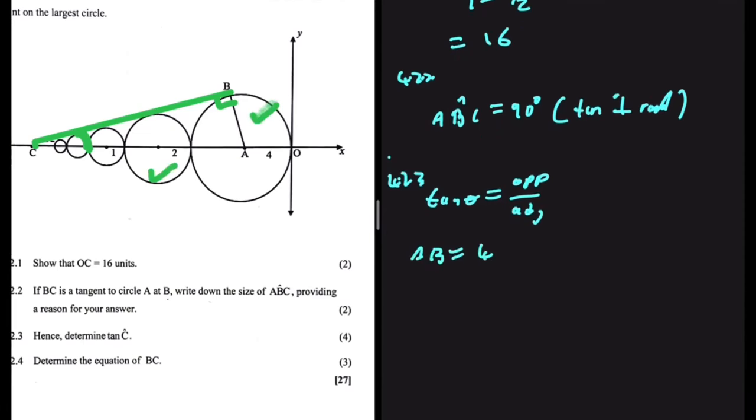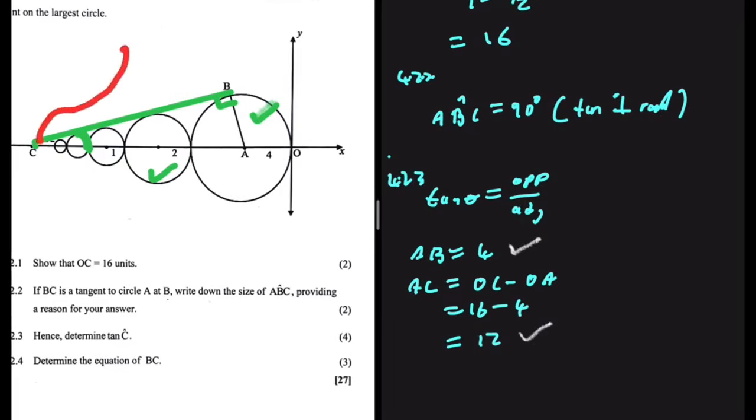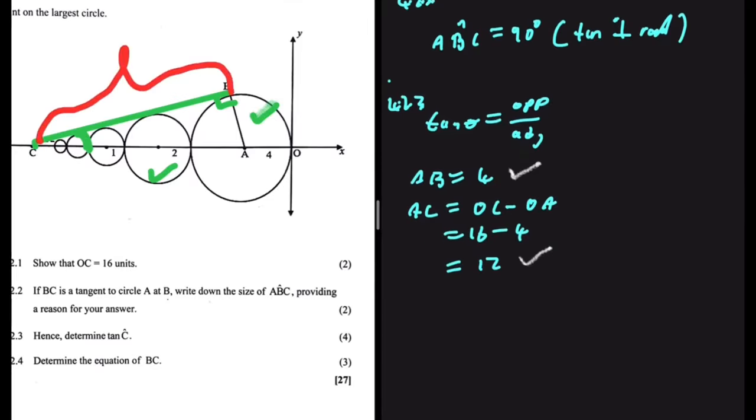That is our radius. And what about AC? AC is equal to OC minus OA, right? OC is 16 units, OA is 4 units. So AC is equal to 12 units. AB is our opposite. AC is our hypotenuse. We need to find BC, our adjacent. Let's go ahead and do that and see what we're going to have.